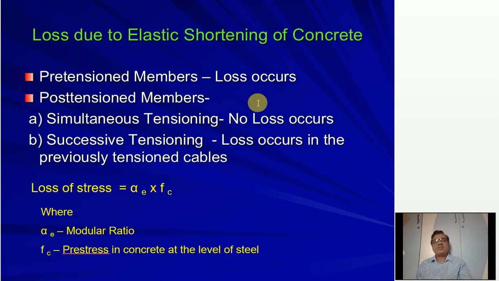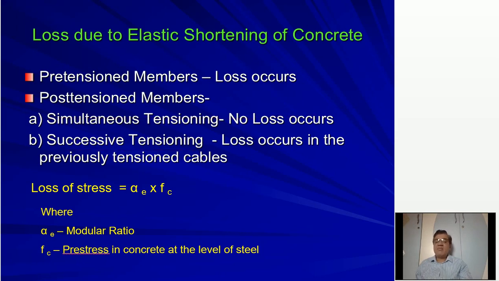The next loss is loss due to elastic shortening of concrete. Now, in pre-tension members, this loss always occurs. In post-tension members, there are two cases: simultaneous tensioning, where no loss occurs, and successive tensioning, where loss occurs in the previously tensioned cables. That means one by one, when the first cable is tensioned, there is no loss.